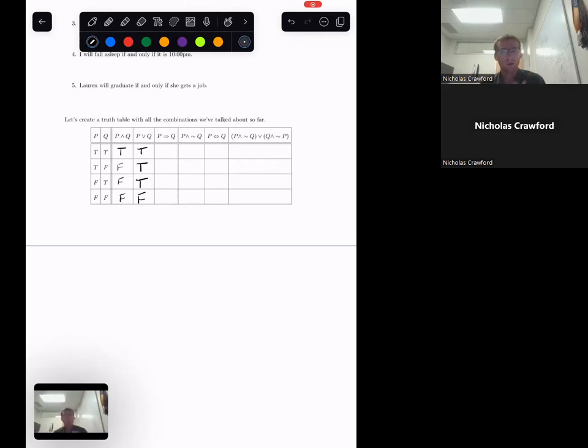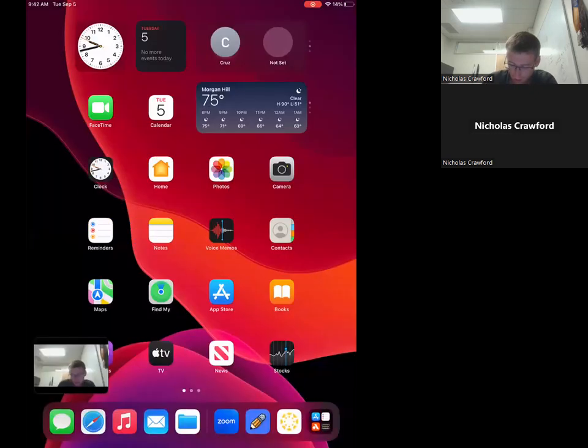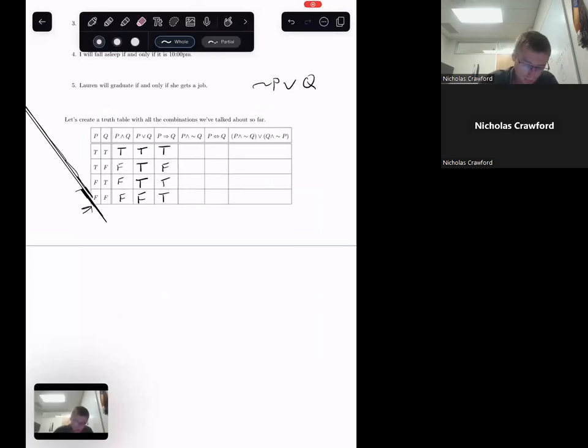Okay. Now, if you remember, we did the truth table last time for not P or Q. You can look back at those notes, but we know that it is true and then false and then true and then true. You'll notice that anytime that P is false, you get a true truth value, right?